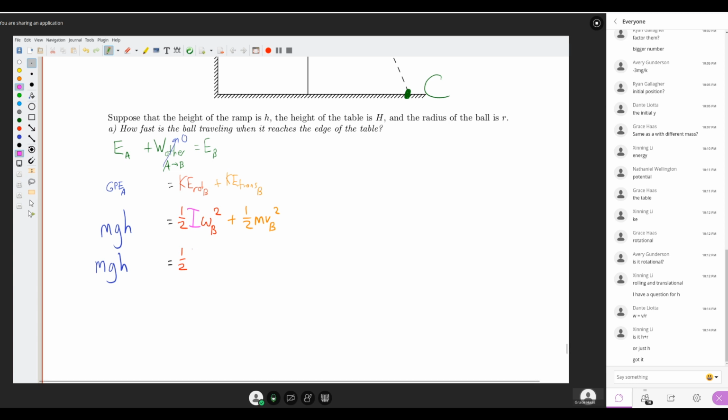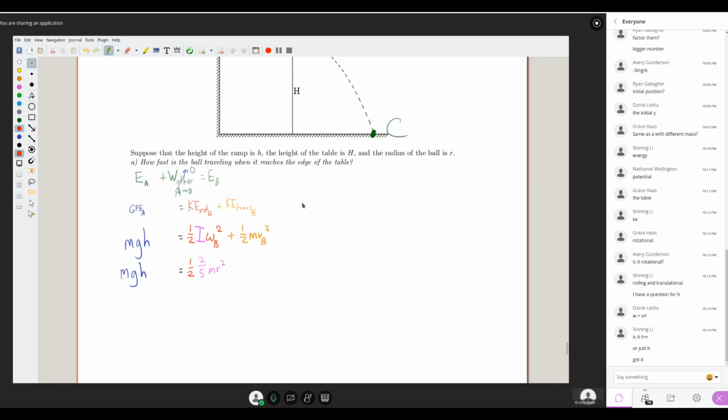So the moment of inertia is going to be 2/5 m r squared, times omega B squared, plus 1/2 m vB squared. And Dante has said that we now have a relationship between the angular velocity and the translational velocity because it's rolling without slipping.